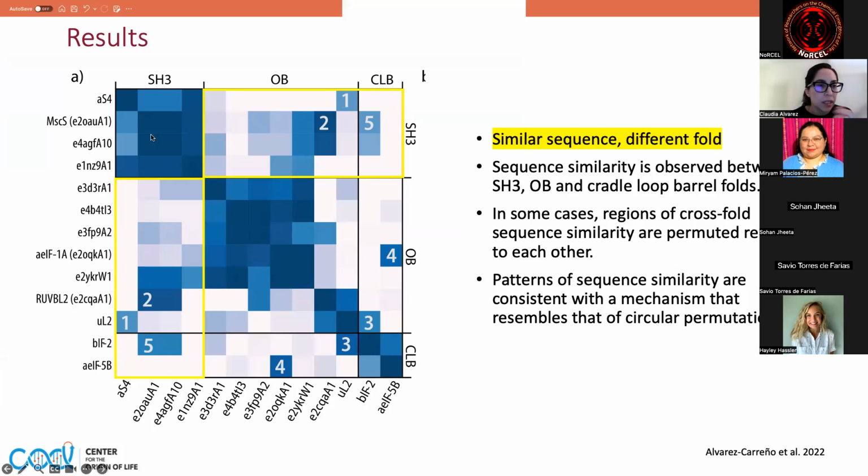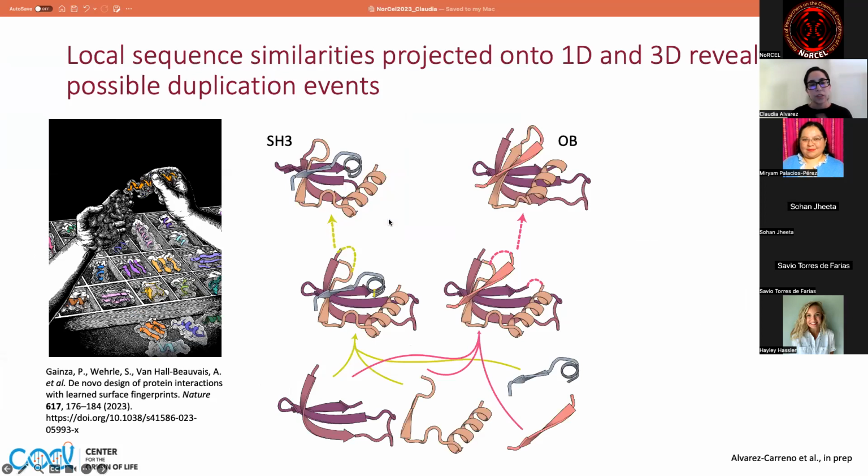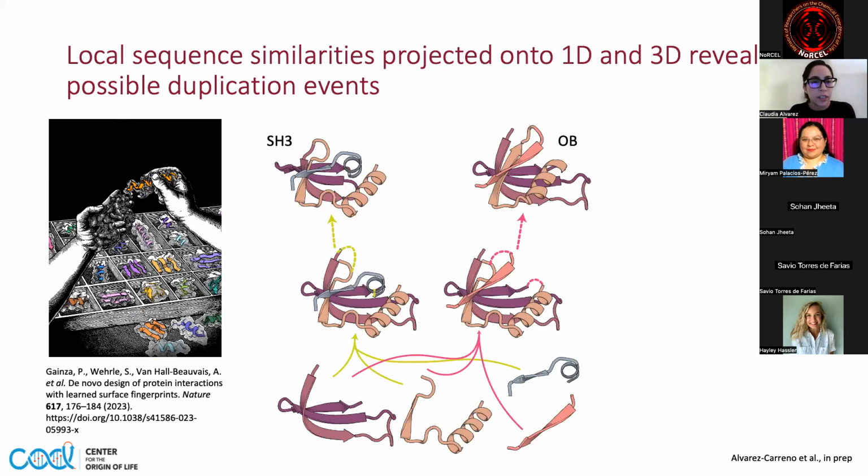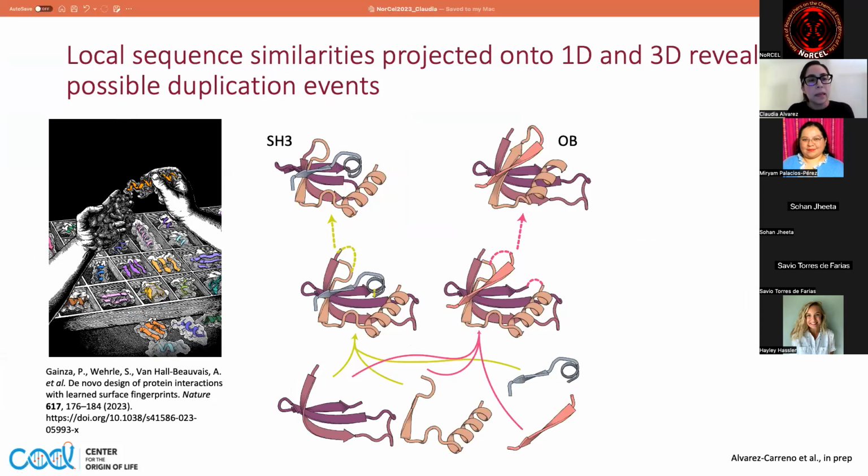So everything that is in these yellow squares are cases in which the information has been stored. Here I made a representation just using the same type of fragment analysis as we would do in the circular permutation, just to show how the 2 types of folds, SH3 and OB, which are very different in the linear connectivity, but very similar in 3D, would look if we just had the pieces.